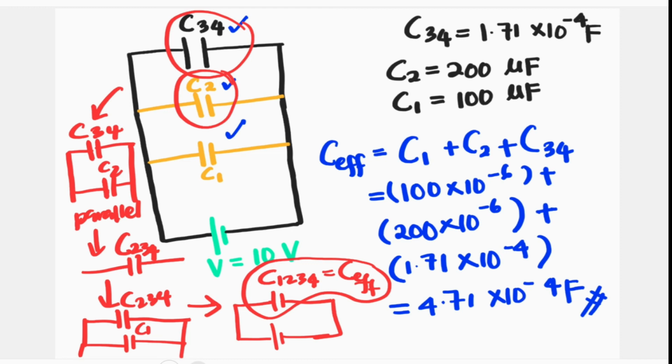Closer to the power supply. So in simple words, we compress the capacitors toward the power supply. We combine from the capacitor furthest from the power supply until close to the power supply.